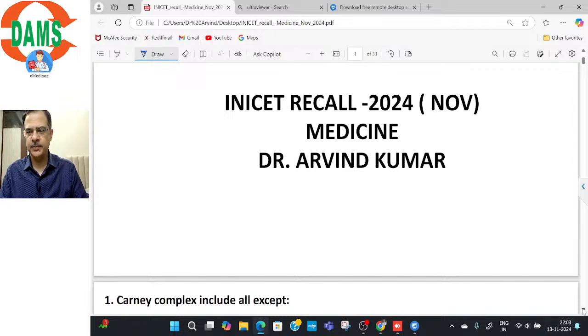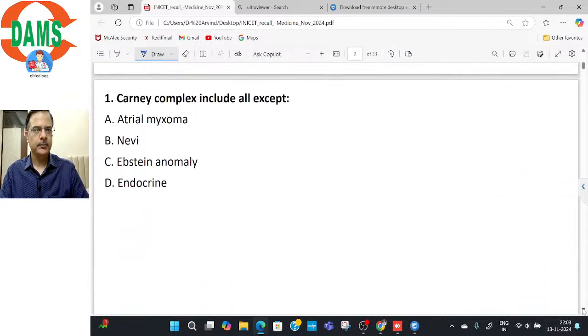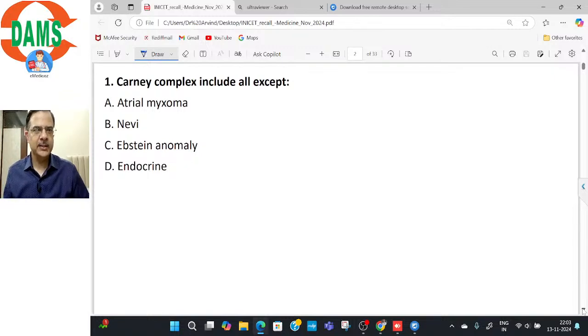The question is: Carney complex includes all of the following except. Options are atrial myxoma, nevi, Ebstein anomaly, or endocrine abnormalities. Basically this complex consists of 4 criteria.